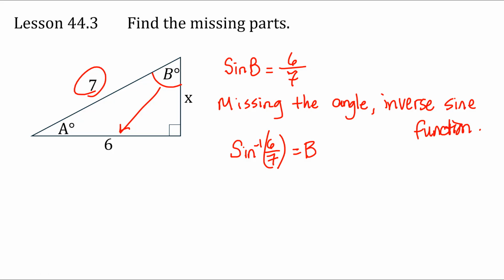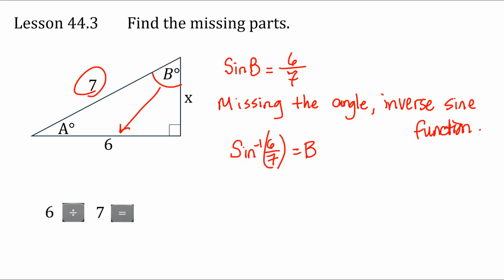So when the angle's missing, you take the ratio. I am going to hit 6 divided by 7. Then I have to hit equals because the calculator needs to know that I want to take the inverse sine of 6 divided by 7, not just 6 or 7.